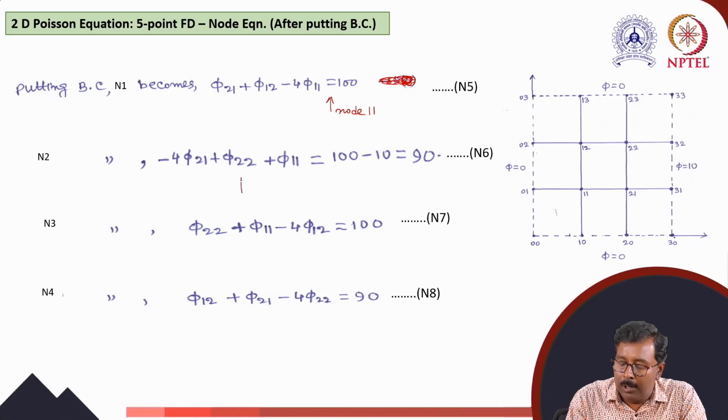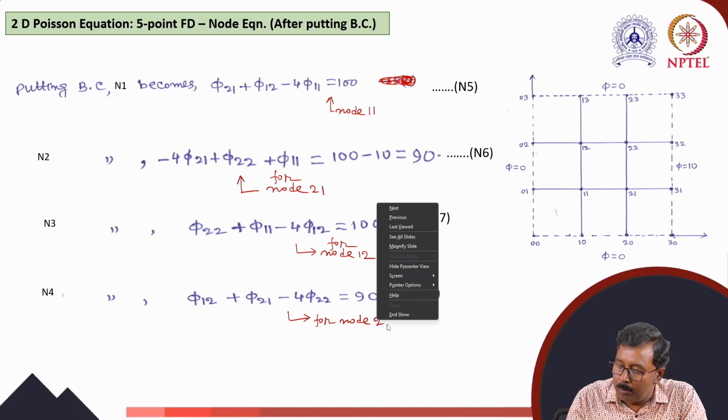This was for node 2 1. I can recognize it by looking at the 4 multiplication term. This is for node 1 2. And this equation is for node 2 2.